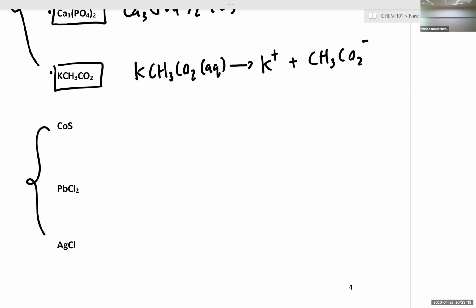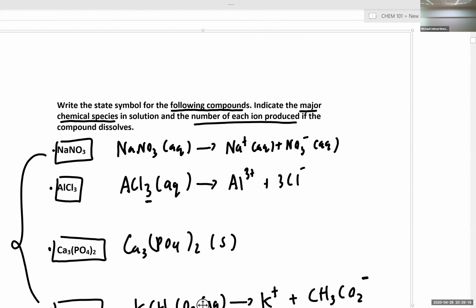Yeah, so let's take a look at all of these. So cobalt sulfide. Let's go up to our table once again.